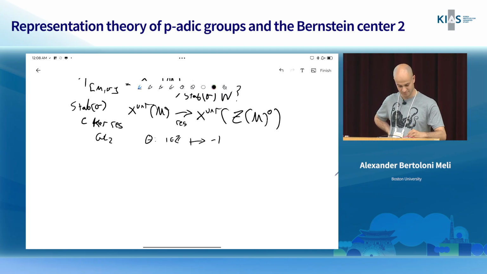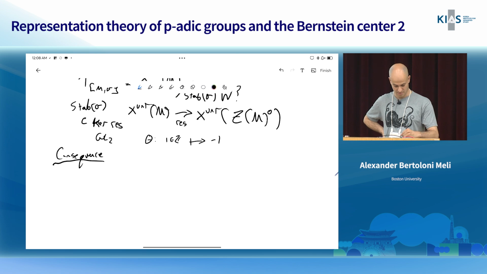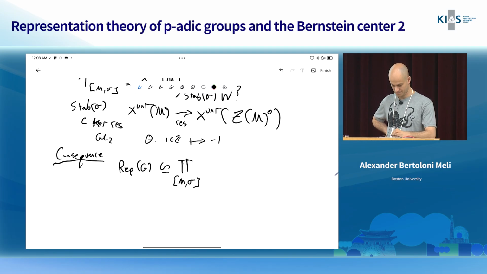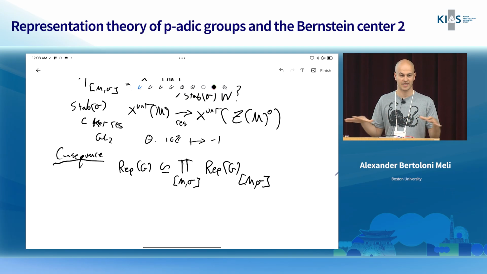Okay. So one consequence of this discussion is that Rep G decomposes as a product like this, because this ring has a big product structure, and so it decomposes the whole category.